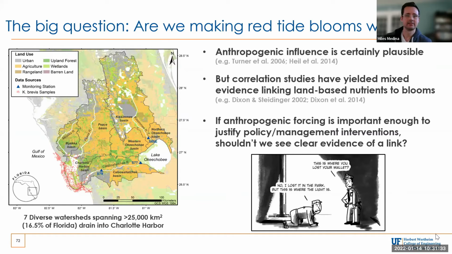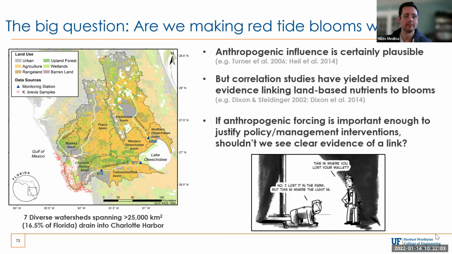So let's dig into this question a little deeper. First of all, we know that it's physically possible that humans are causing these blooms to become more intense. We know that the Karenia brevis organism can use the forms of nutrients that we put out on the coast, nitrogen, phosphorus, and so on. We also know that the amount of nutrients we're putting out has increased over the past couple centuries as our population has grown and land use has become more intense.